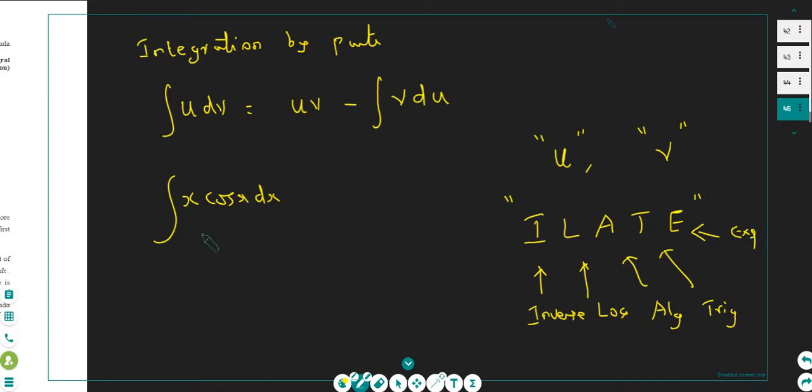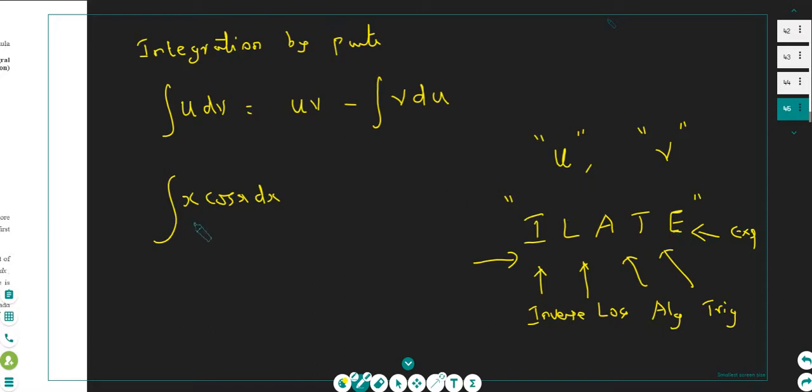So first you have to look at your given function and choose in this order. You start off with whether you see inverse, logarithmic, algebraic, trigonometric or exponential.